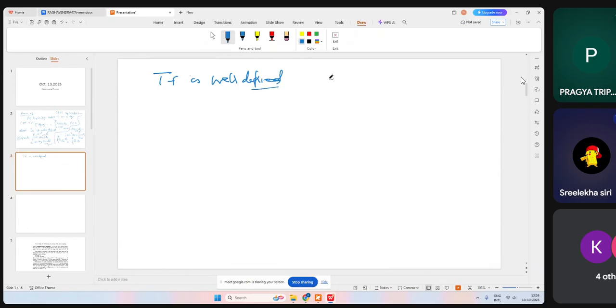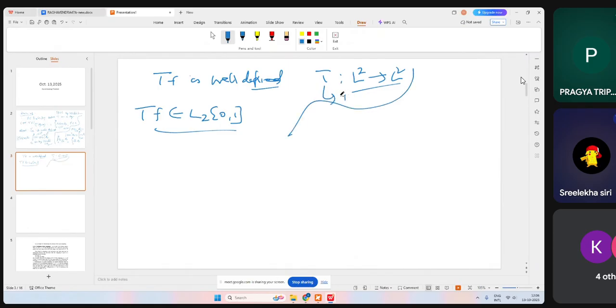What is the next question? It says show that T maps L2 to L2. That means you have to show that this Tf is in L2. What people have done to show that this is linear, they have taken T f at x1 plus x2 equal to the integral, whatever it is.